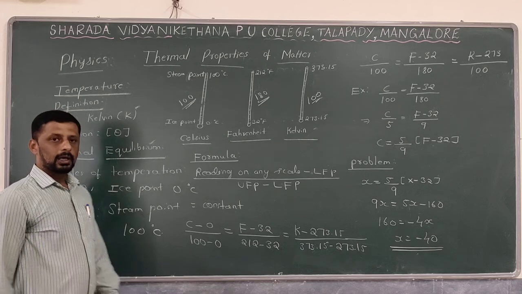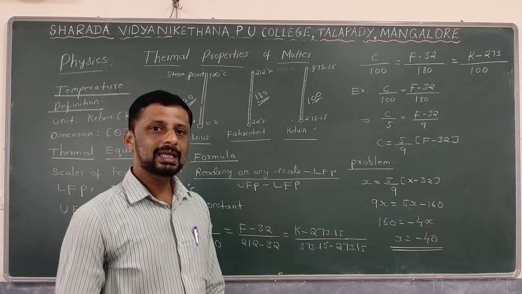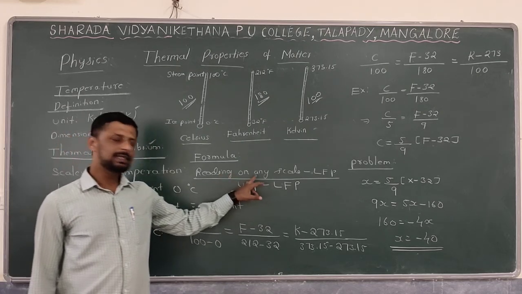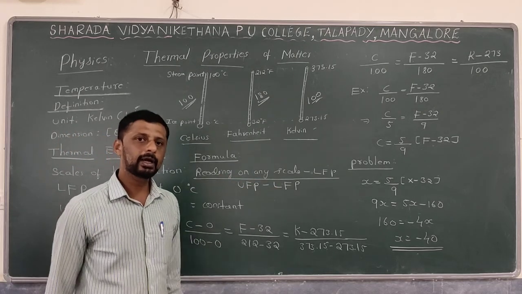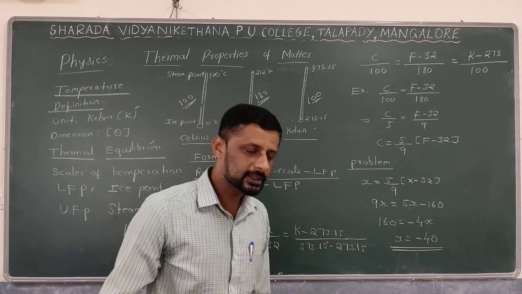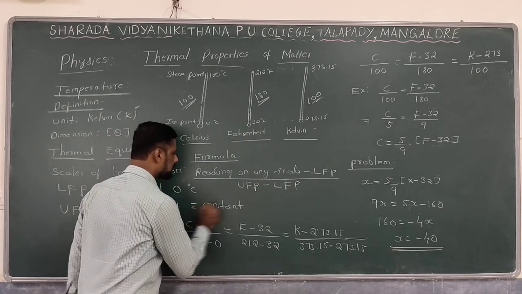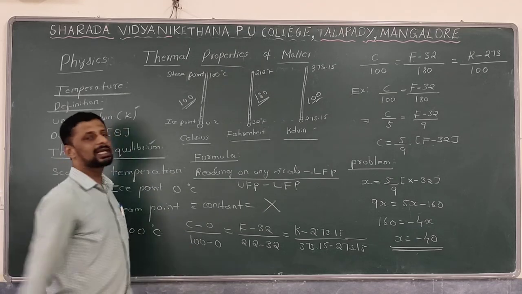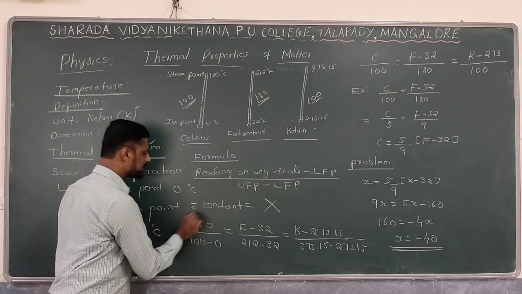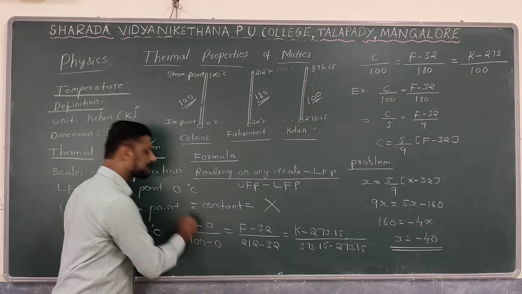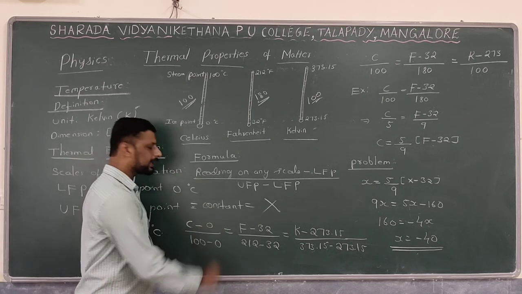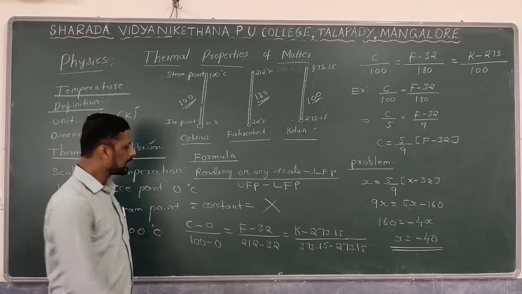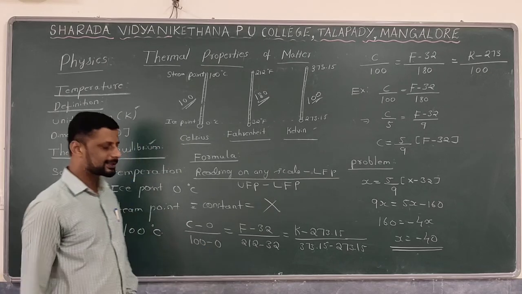Next, there is a formula to convert temperature from one scale to another. The reading on any scale minus the lower fixed point, divided by the upper fixed point minus the lower fixed point, is always equal to a constant. I will write the constant as x. For the Celsius scale: degree Celsius minus the lower fixed point 0, divided by the upper fixed point 100 minus the lower fixed point 0.